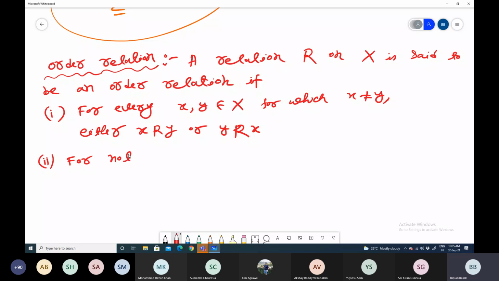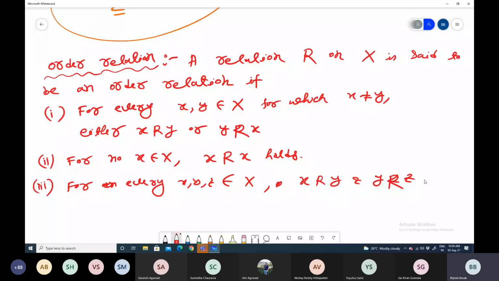So that means for every x, y, z in X, x related to y and y related to z implies x related to z.